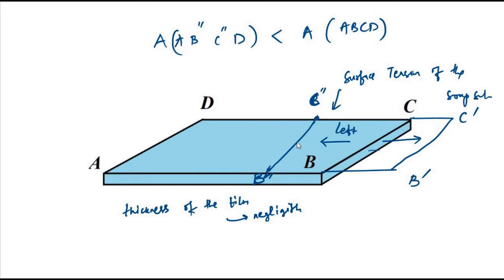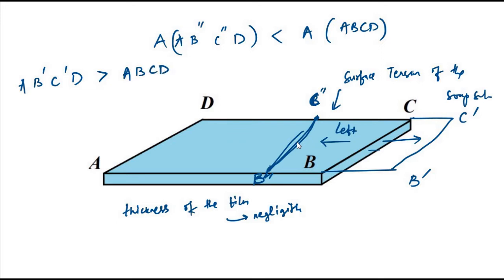When it is at position B double dash C double dash, there is a reduction in surface area, but when work is done in the opposite direction against the surface tension force to move the movable portion BC to a new position B dash C dash, the area is increasing. AB dash C dash D, that area is greater than the area of the original portion ABCD.